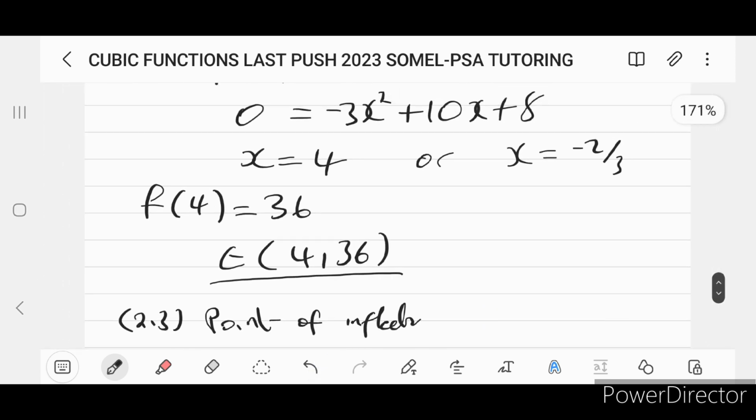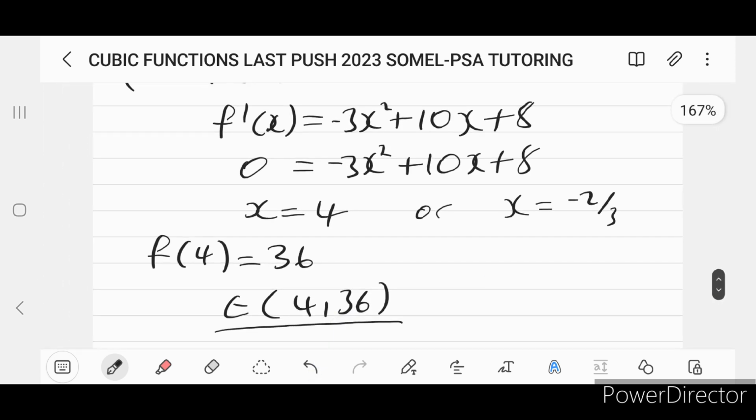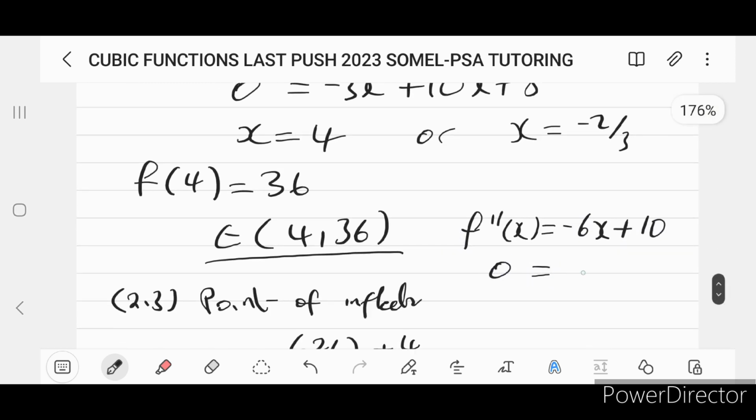Another way is to derive this twice, the method that we are normally used to. We can just get the second derivative, which is going to be negative 6x plus 10. Then you equate this to 0. Negative 6x plus 10 equals 0, so 6x equals 10.